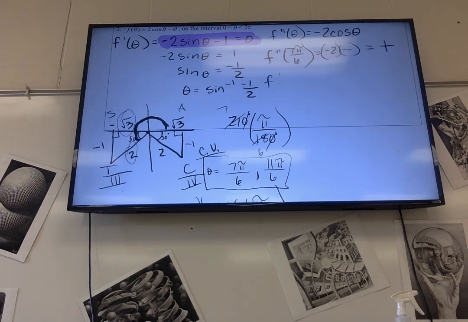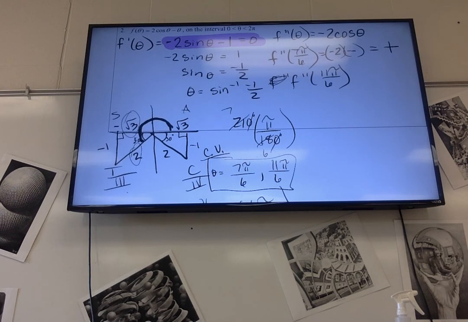And then f double prime of 11 pi over 6, that's where cosine is positive. So it's negative times positive, so that one's negative.